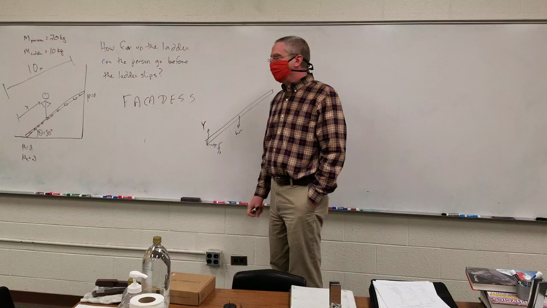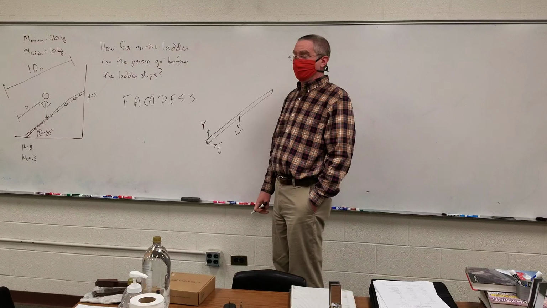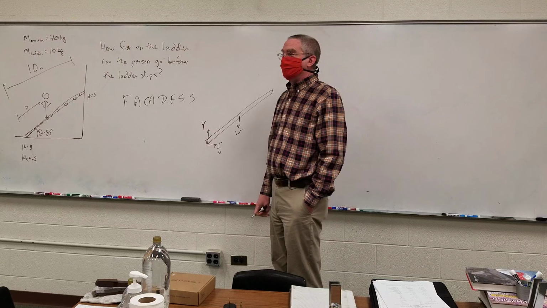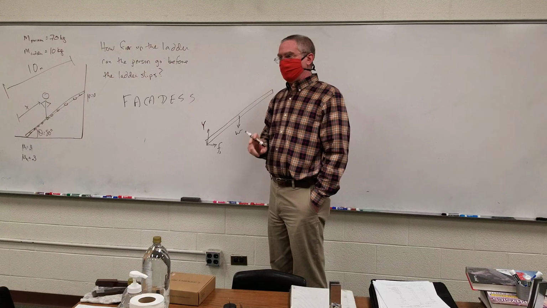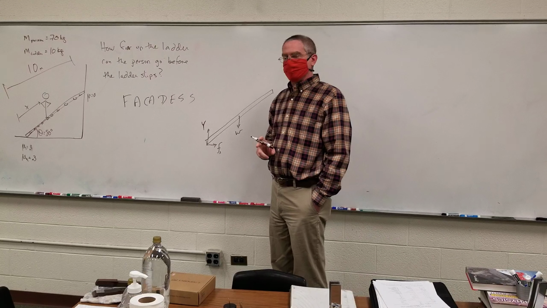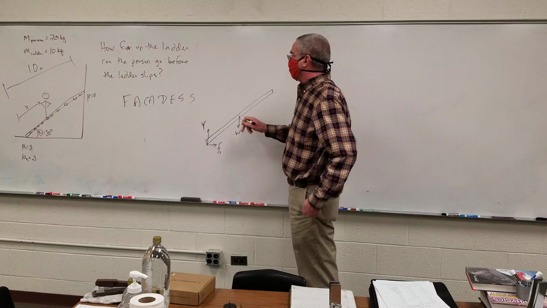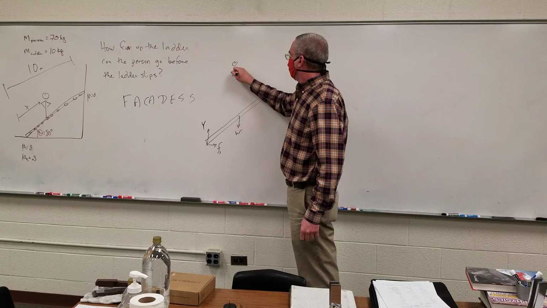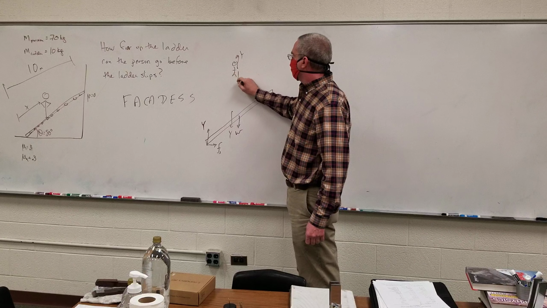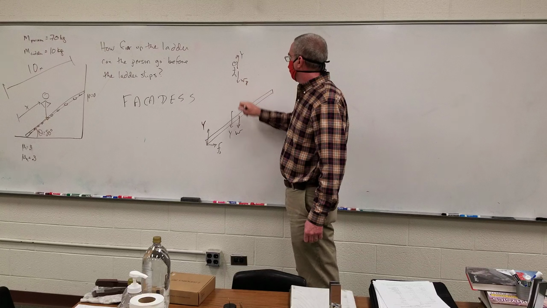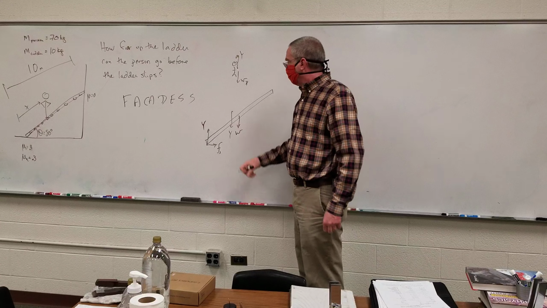Anyone want to nitpick that besides me? Is it the normal force of the person acting down on the ladder? Yes, it's the normal force. If he's just standing there, the normal force and his weight would be equal. But technically, there's the normal force of the person on the ladder, and the weight of the person, which is between him and the earth.